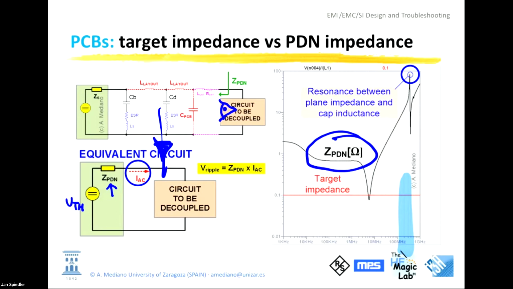So if you study the analysis of decoupling networks, you will see that many designers have the proposal of using a target impedance. You need to convert this multiple resonance behavior in a low value for a high frequency range. And this is not easy.